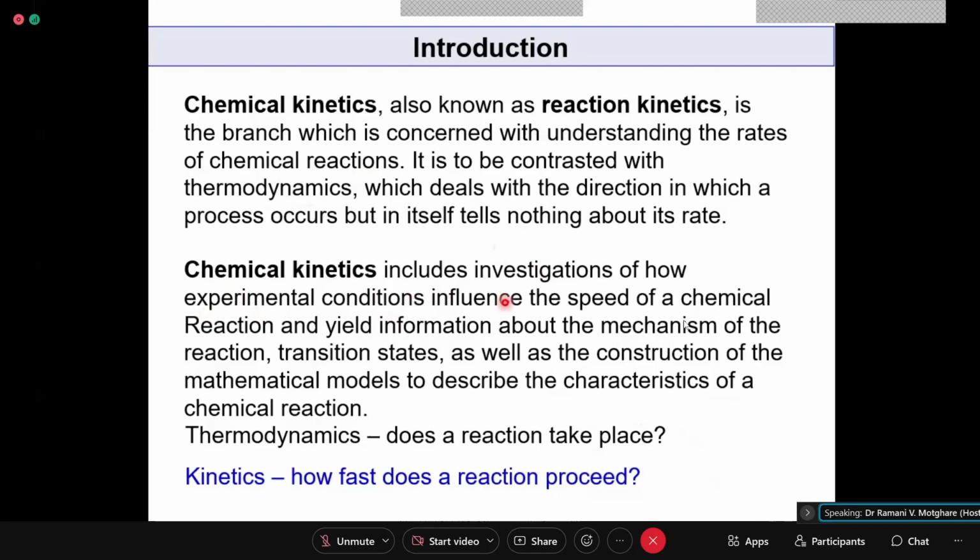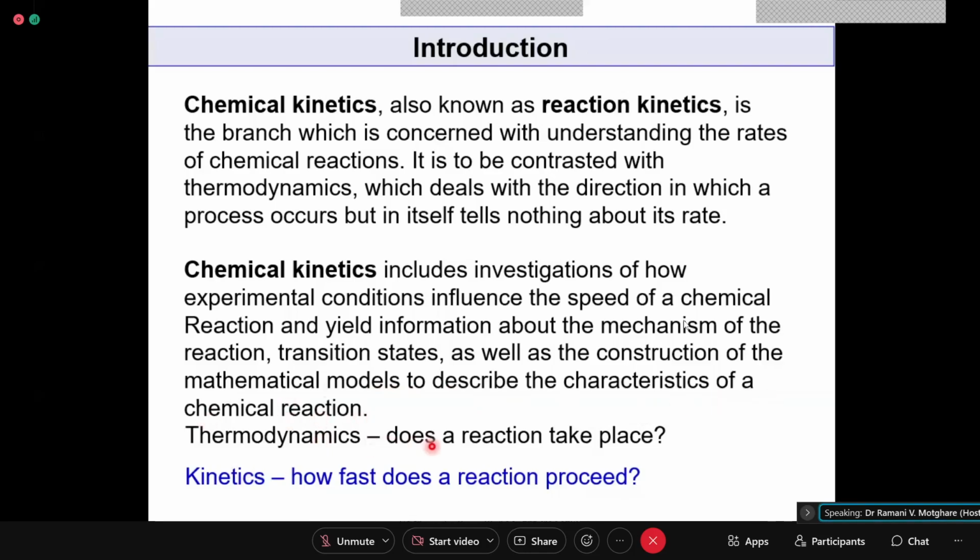So chemical kinetics includes investigation of how experimental conditions influence the speed of a chemical reaction and yield information about the mechanism of the reaction. What are the transition states involved? As well as the construction of mathematical models to describe the characteristics of a chemical reaction.